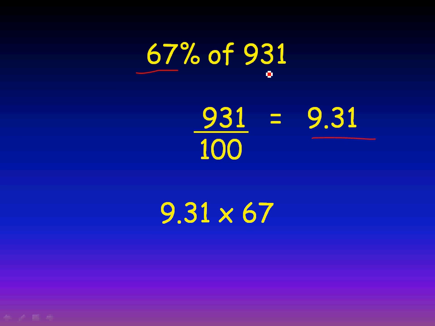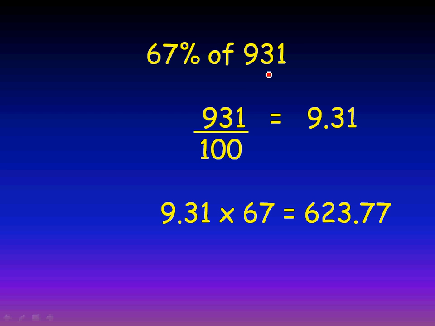So I've done my 1%, 9.31, multiplied by 67 because I want 67%, and my answer comes out as being 623.77. Try that on your calculators if you wish. So we know 623.77 is 67% of 931.